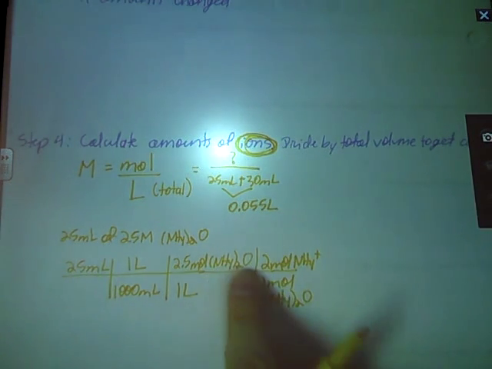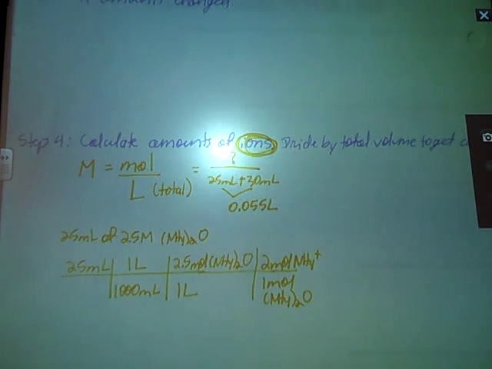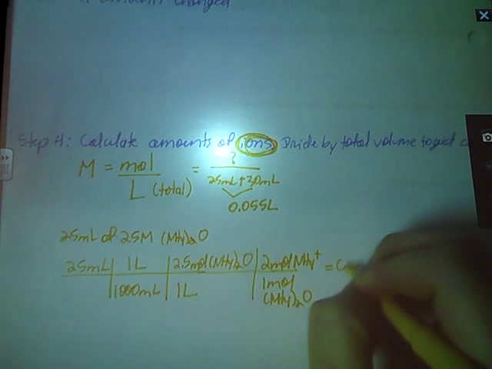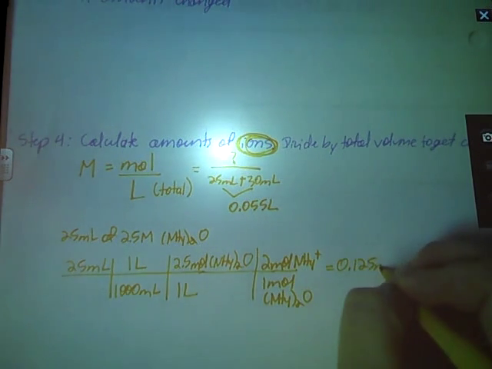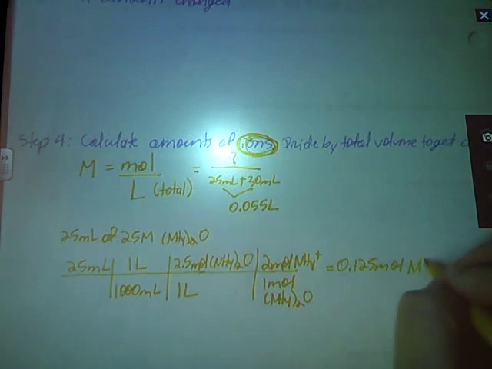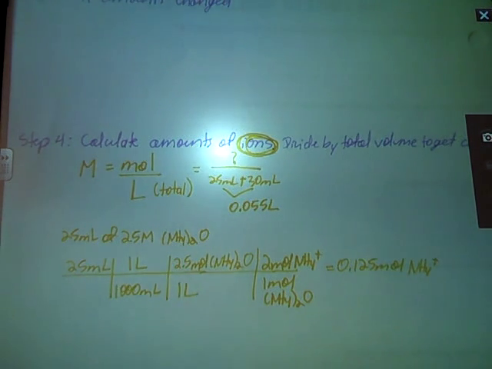For every one of these molecules, we get 2 of those ammoniums. So all of that should cancel out everything except that ammonium ion that I was looking for. So 25 times 0.25 times 2, whole shebang, divided by 1,000. So I have 0.125 moles of ammonium ion in my 25 mils of that 2.5 solution.